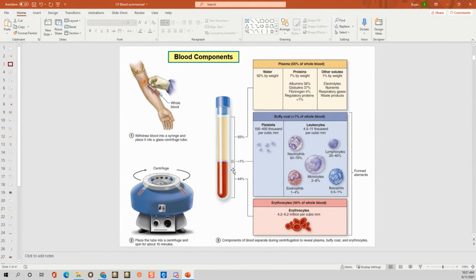The packed cells are the erythrocytes, and they tend to account for approximately 44% of the whole blood. What that 44% means is that if you look at the total volume of blood in the body or in this tube, about 44% of the blood is comprised of erythrocytes.